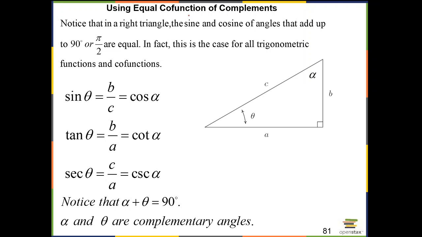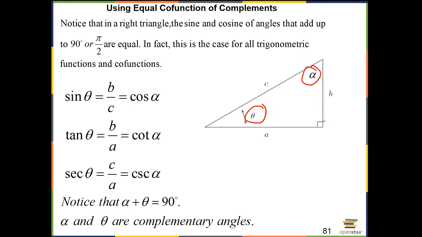So here is another example. Now, here is where I was talking about how if 2 angles add up to 90 degrees, like inside a right triangle, obviously these 2 angles add up to 90. Why?